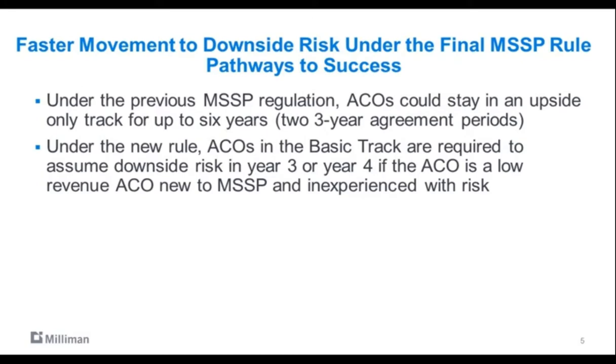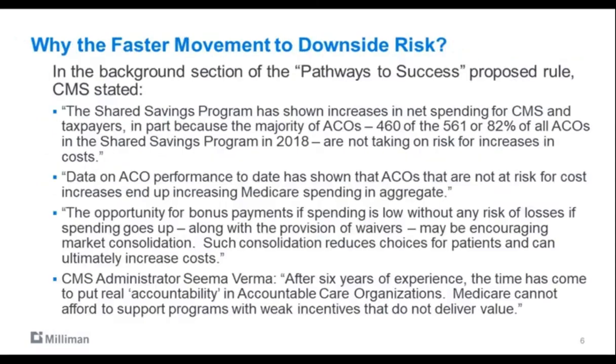Those were 2 3-year agreement periods. Under the new rule, which starts July 1st, ACOs in the basic track are required to assume downside risk in year 3 or 4. 4 if the ACO is a low-revenue ACO, new to MSSP, and inexperienced with risk. Those who are already experienced with risk will be starting in the enhanced track. So again, just more focus on this faster movement.